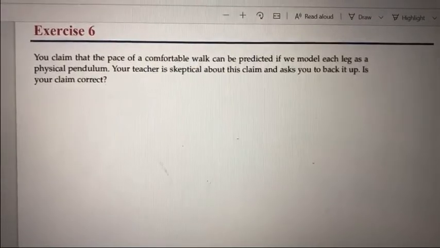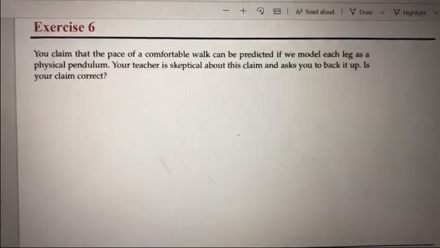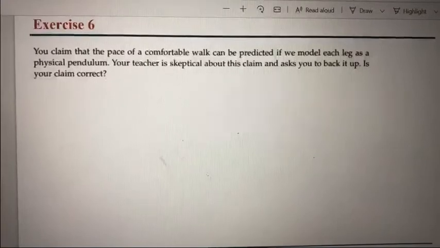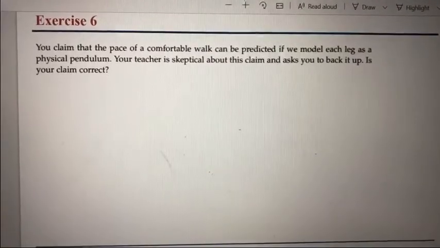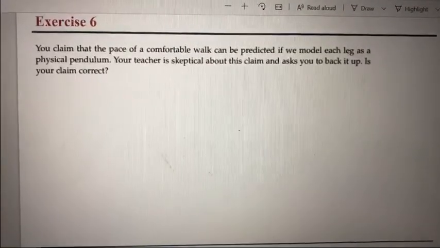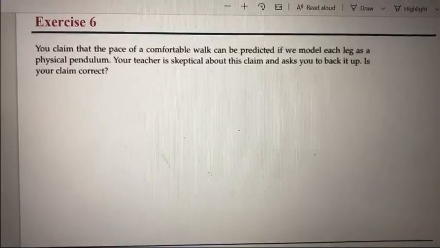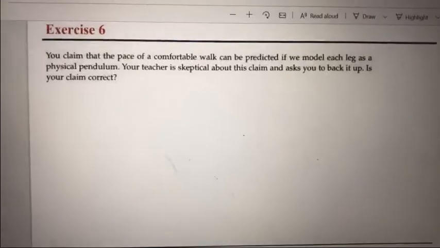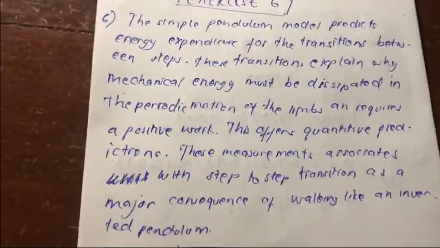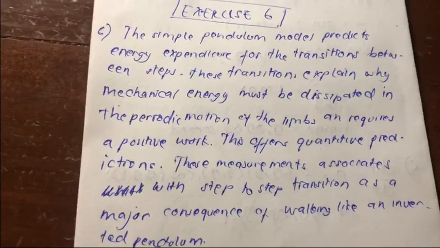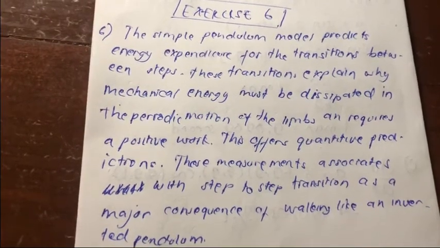Exercise 6. You claim that the phase of the comfortable walk can be predicted if we model each leg as a physical pendulum. Your teacher is skeptical about this claim and asks you to back it up. Is your claim correct? The answer is that the simple pendulum model predicts energy expenditure for the transition between steps.